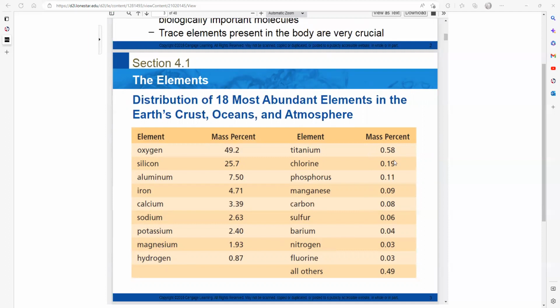All of them are important parts of the planet. Only silicon and oxygen are combined, making the silicon dioxide that is the sand that is all over this planet.